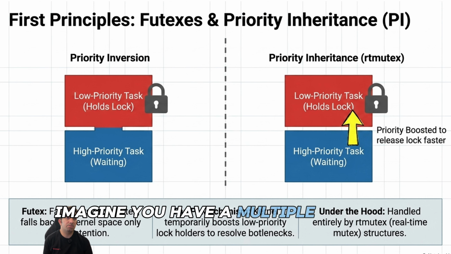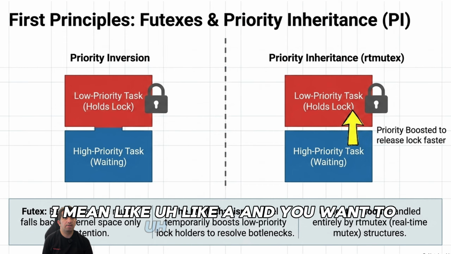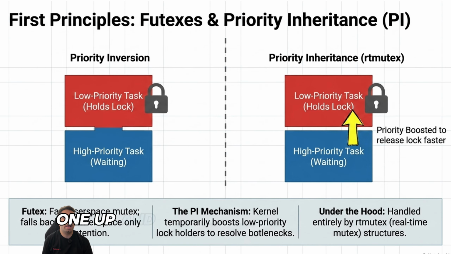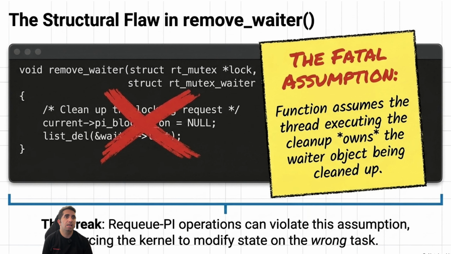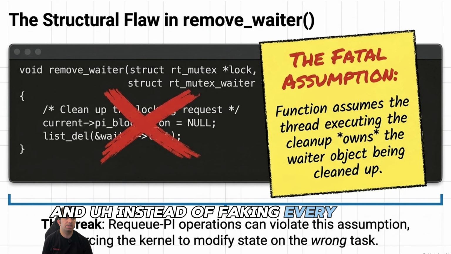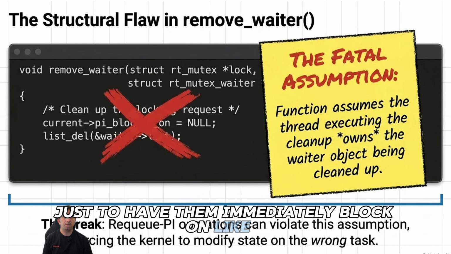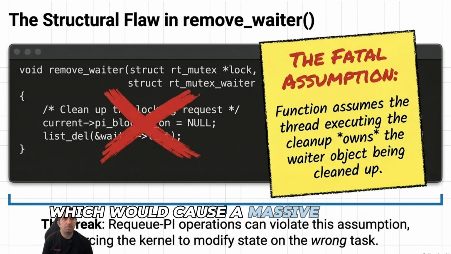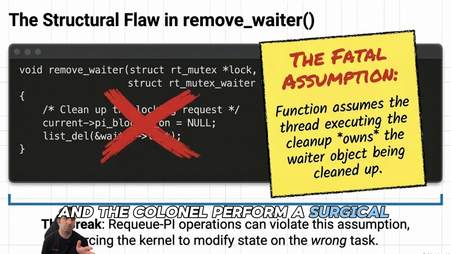Imagine you have multiple threads sleeping on a traditional non-PI futex, like A, and you want to wake one up and transfer the rest to wait on a PI-aware real-time mutex, like B. Instead of waking every single thread up just to have them immediately block on lock B, which would cause a massive context switching storm, the kernel performs a surgical transfer.